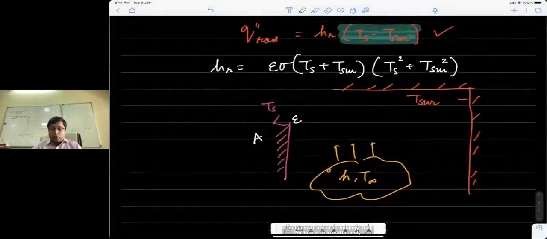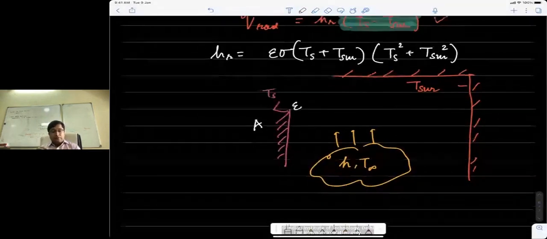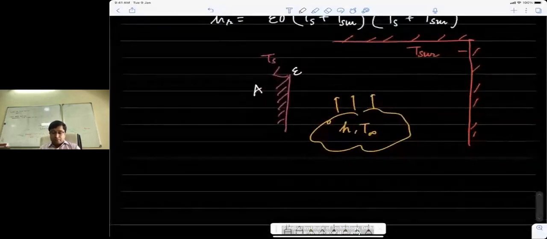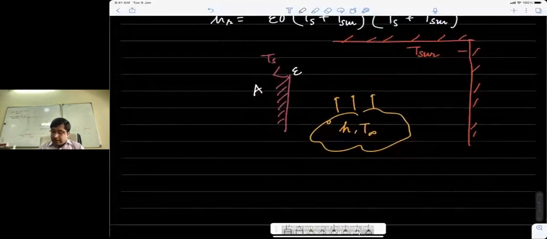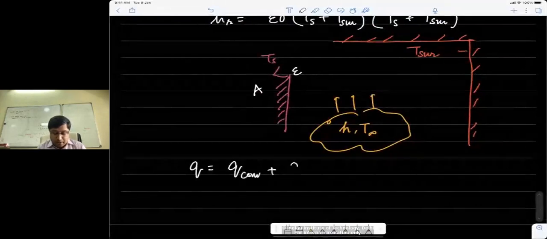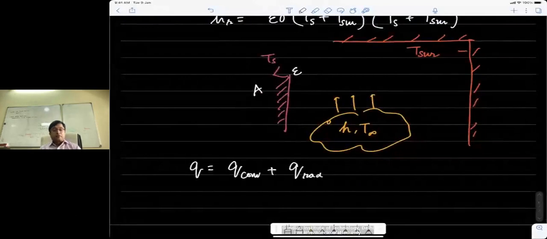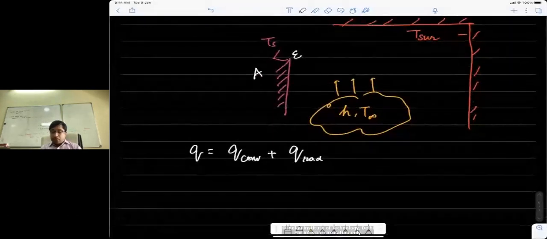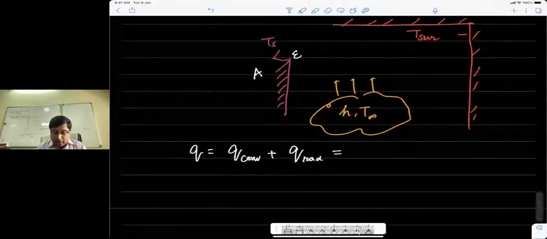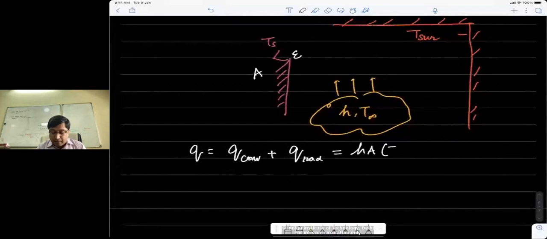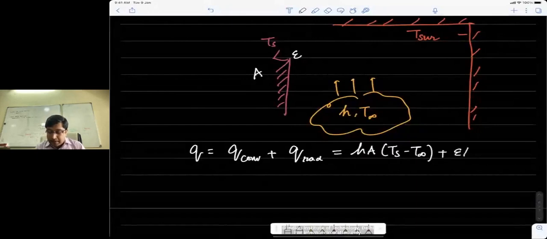So in this case, when you want to write the rate of heat transfer, it is not just because of convection now, it is because of both convection and radiation. The net rate of heat transfer will be a combination of heat transfer because of convection plus heat transfer because of radiation. So the net rate of heat transfer from the surface is hA(Ts minus T infinity) plus epsilon A sigma (Ts to the 4 minus T surrounding to the 4), assuming the surface is gray.